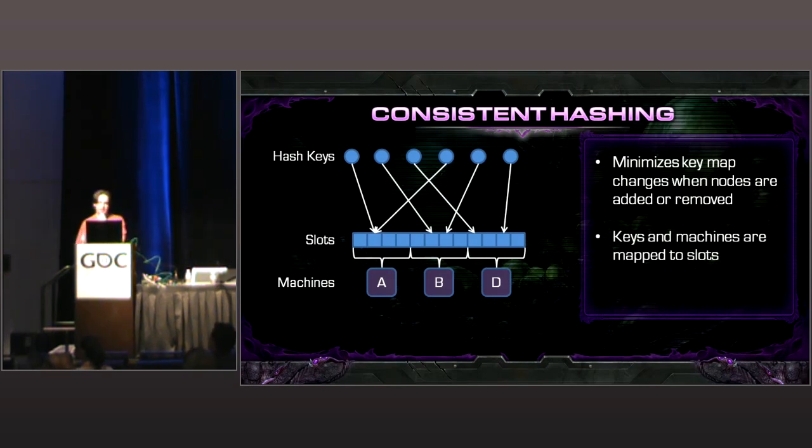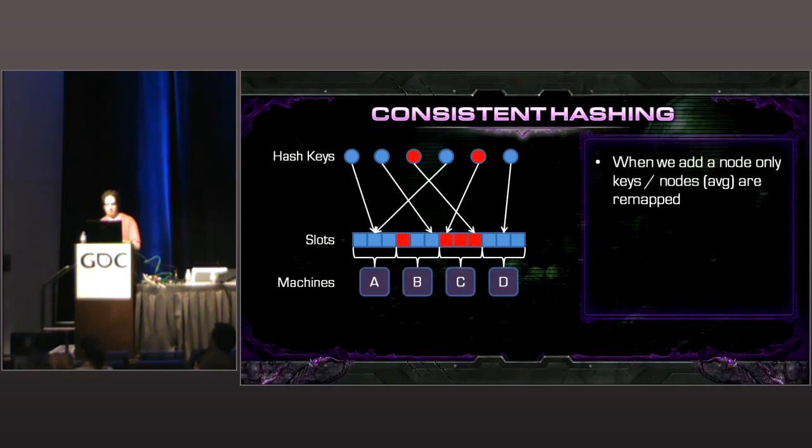The term consistent hashing is nothing more than mapping keys to an intermediate layer. So in this example, consistent hashing means if we add a machine, only two keys end up getting mapped to a new machine.